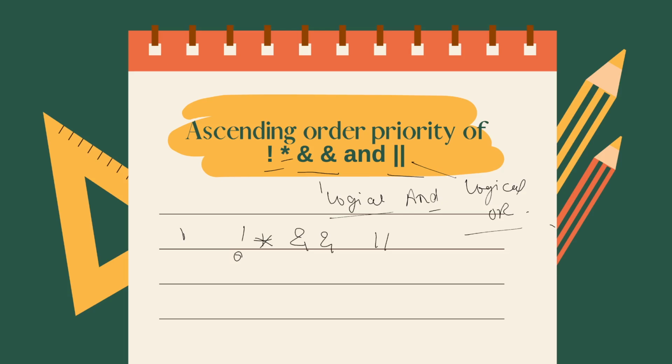Since this is the descending order, highest to lowest, but they have asked for ascending order, it will be logical OR, logical and, multiplication, and not. This is the right answer to this question. I hope all of you have answered it correctly. Some people get confused here, but please note this is the correct order.